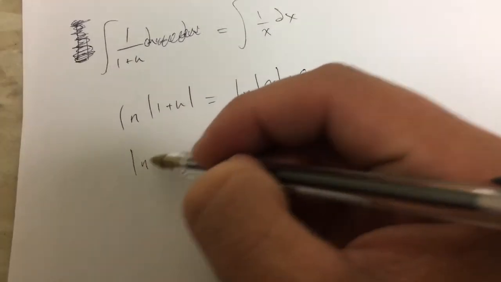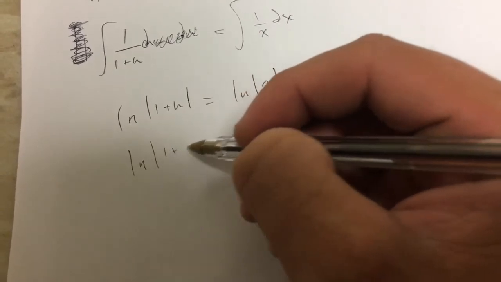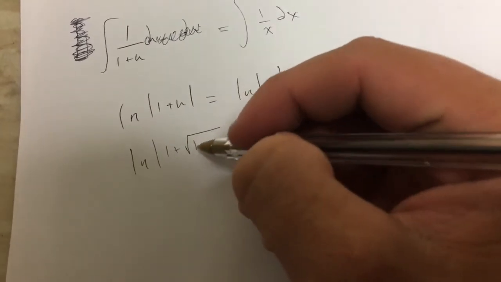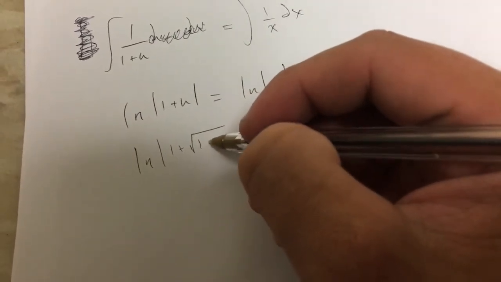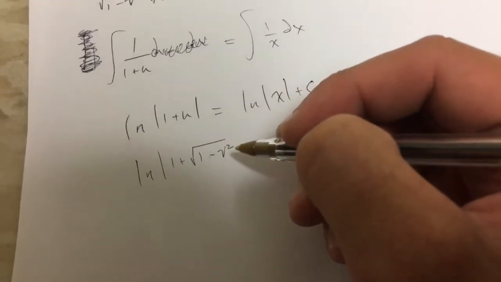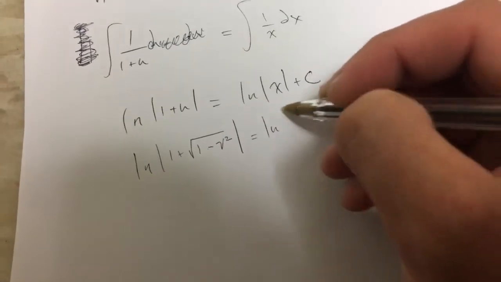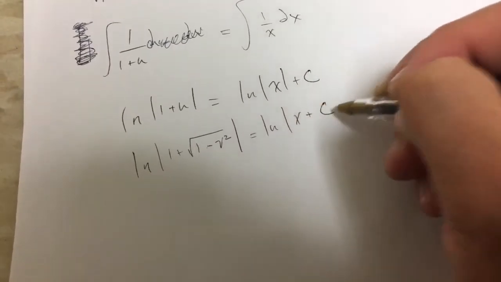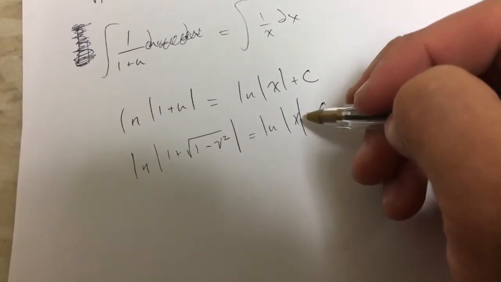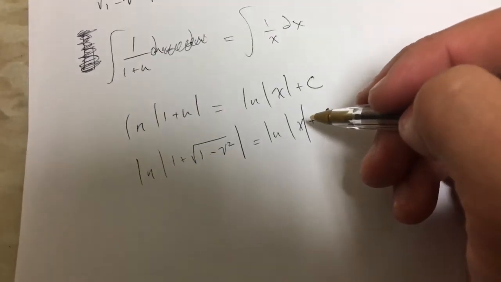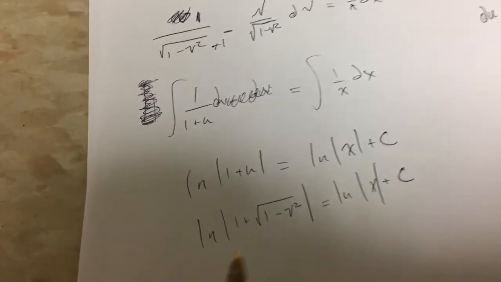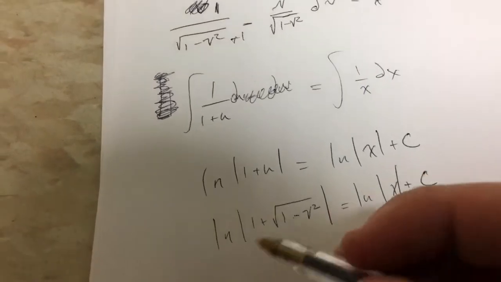So you plug back in, you get the natural log of 1 plus the square root of 1 minus v squared equals the natural log of x plus c. You don't need to do the absolute values because it was given that x is greater than 0, but you can.